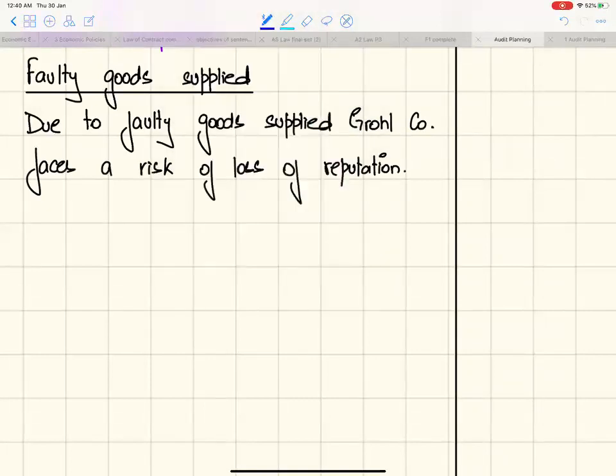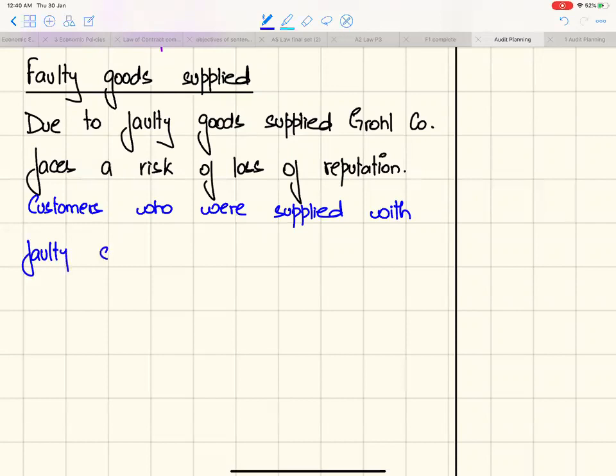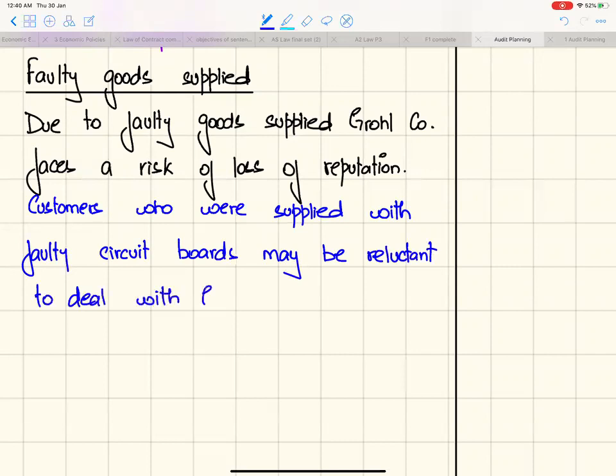Now, what will be the impact? Customers who were supplied with faulty circuit boards may not be willing or may be reluctant to deal with Grohl company in future.